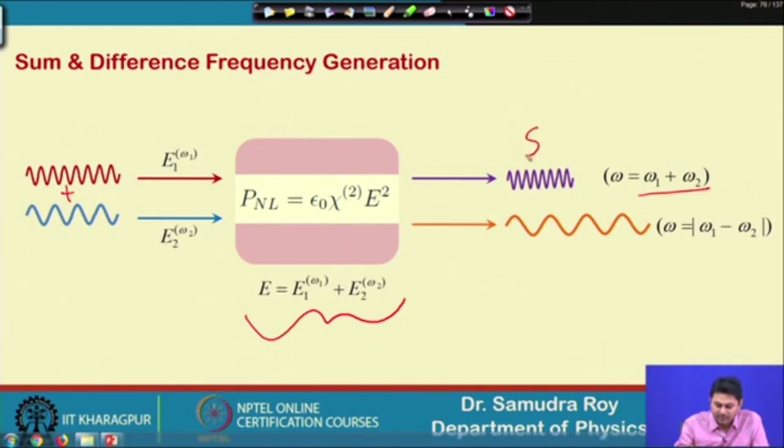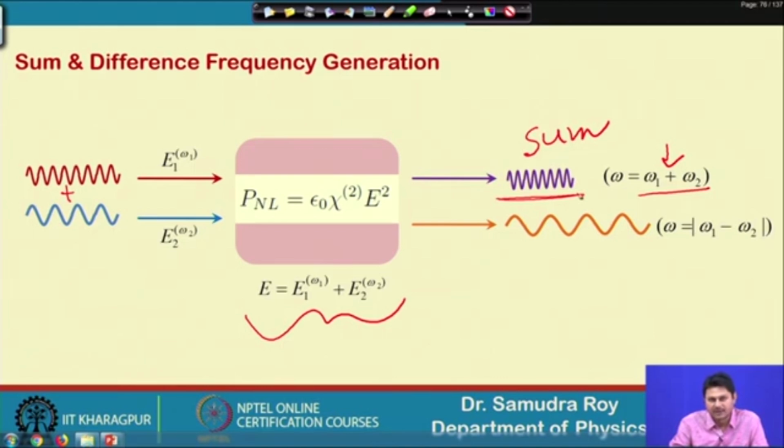This sum frequency is nothing but the combination of two frequencies, omega 1 plus omega 2, and the plus sign suggests that they add up, and the figure also suggests that when these two frequencies are adding up, the total frequency is higher. So, that is why I make this frequency like that.